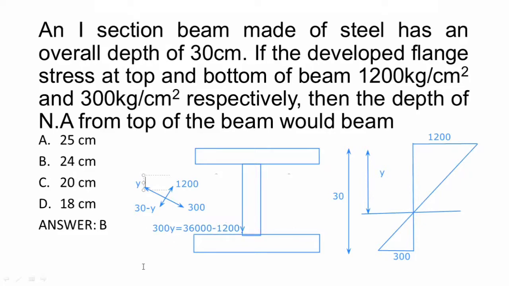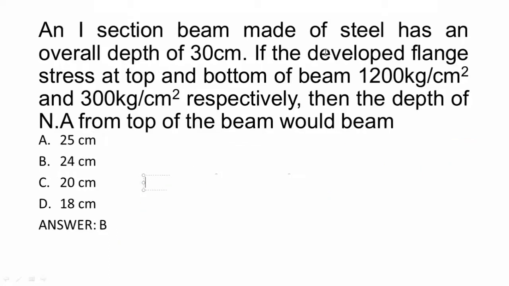Bring 1200 y on left hand side, you will get 1500 y is equal to 36,000. So y will be 36,000 upon 1500, which is nothing but option B, 24. Such question we have already solved.